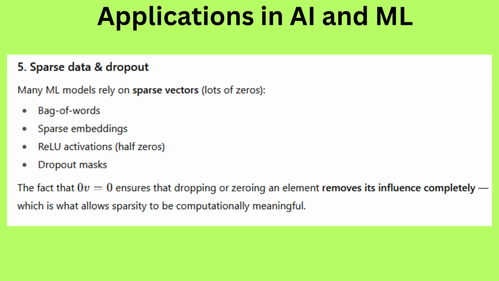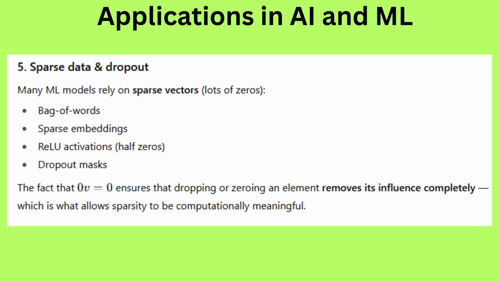We also have sparse data and dropout. Many machine learning models rely on sparse vectors, lots of zeros: bag of words, sparse embeddings, ReLU activations, which have zeros, and dropout masks. The fact that 0v equals 0 ensures that dropping or zeroing an element removes the influence completely, which is what allows sparsity to be computationally meaningful.